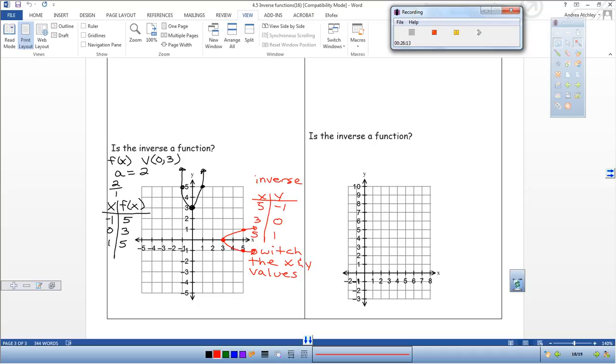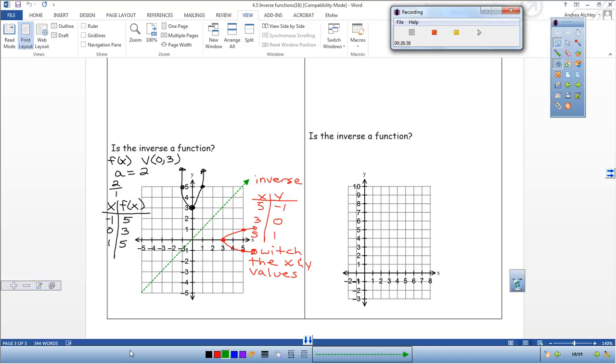All inverses reflect across the y equals x. Okay, so if I folded my graph right through the origin, then they would be the same thing. All inverses will be like that because you're switching the x and y values. So if you just reflect it across y equals x, you can lay them over each other.